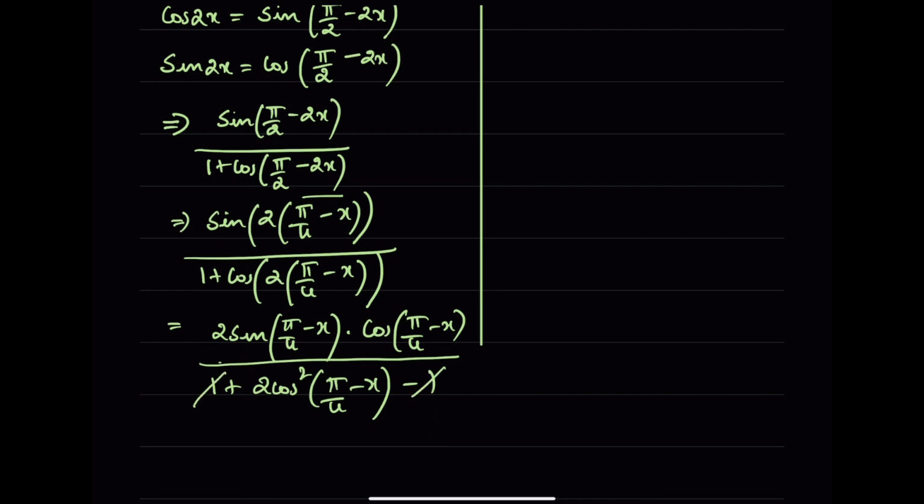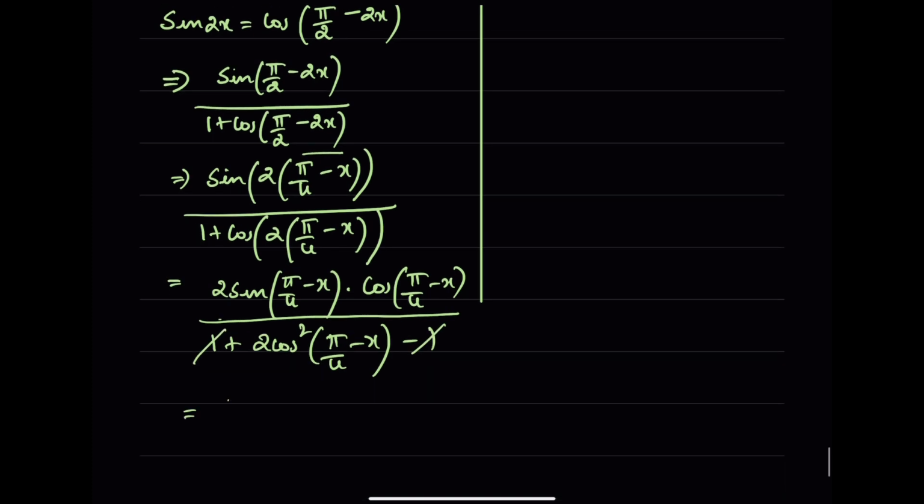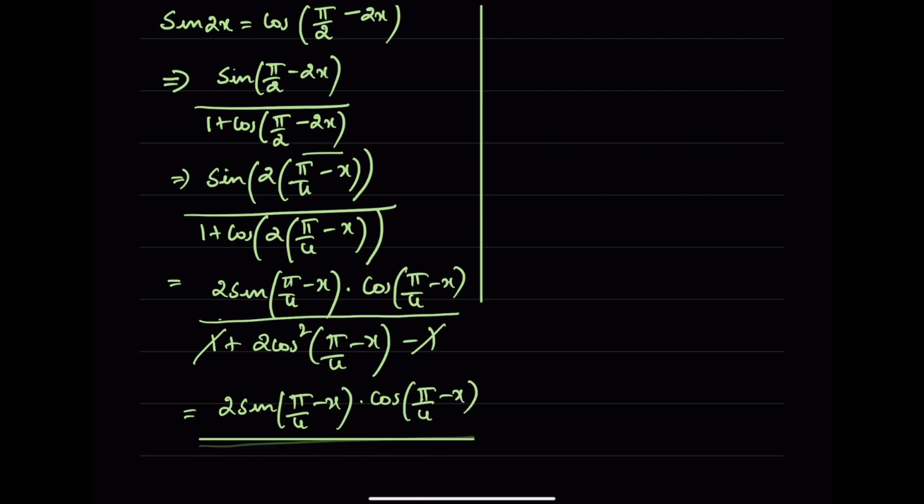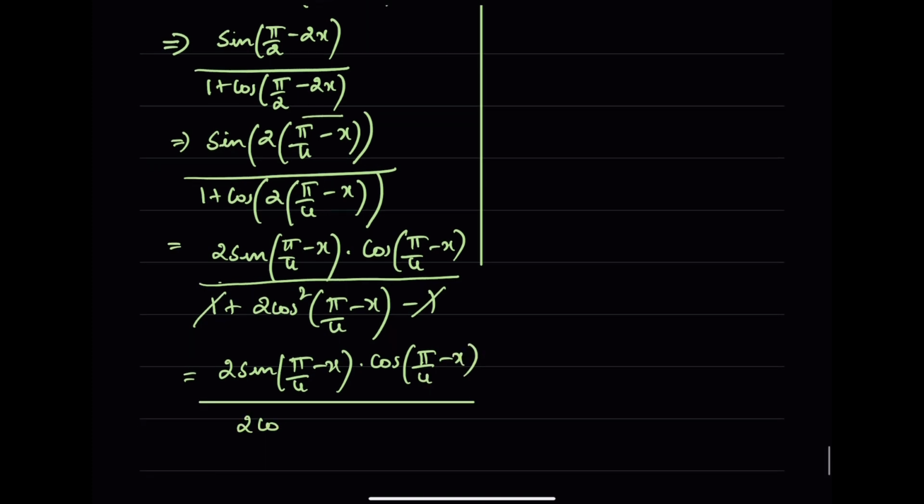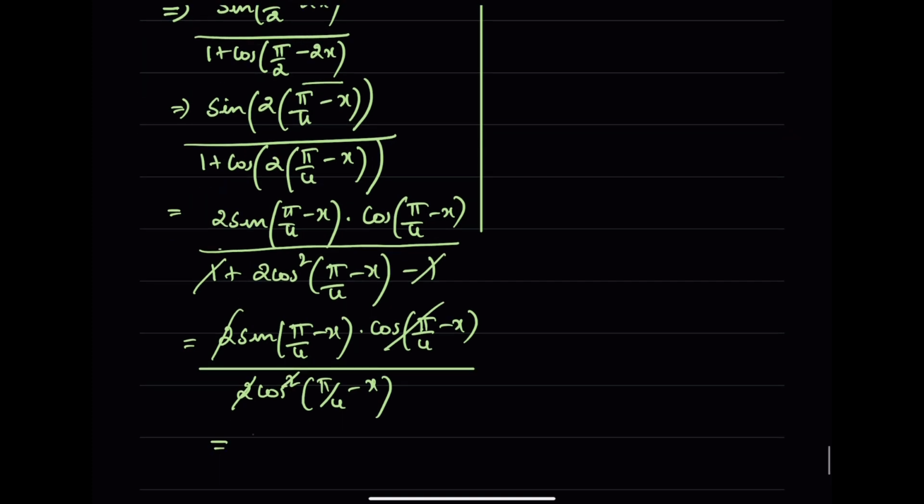So the 1 will get cancelled. So we would have 2 sine of pi by 4 minus x times cos of pi by 4 minus x, this whole thing divided by 2 cos square pi by 4 minus x. The 2 will get cancelled, one of the cosines will get cancelled, so this is nothing but tangent of pi by 4 minus x.